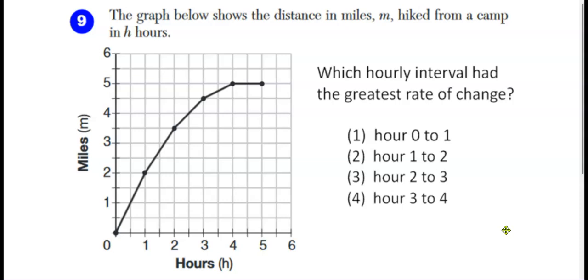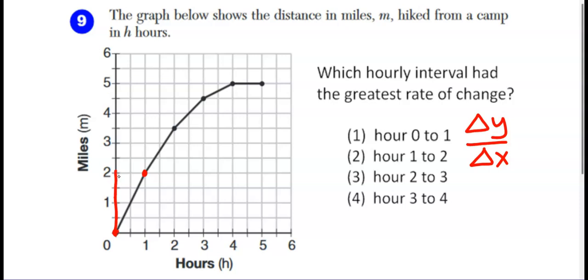Question number 9 asks you about the rate of change, right? And we're talking about from 0 to 1, from 1 to 2, from 2 to 3, and from 3 to 4. So we're looking for the steepest section of the graph. So just by looking at with my eyes, it's looking like this one might be the winner, but we're going to double check by doing some math here. So the rate of change from 0 to 1 has a delta y, right, and a delta x.